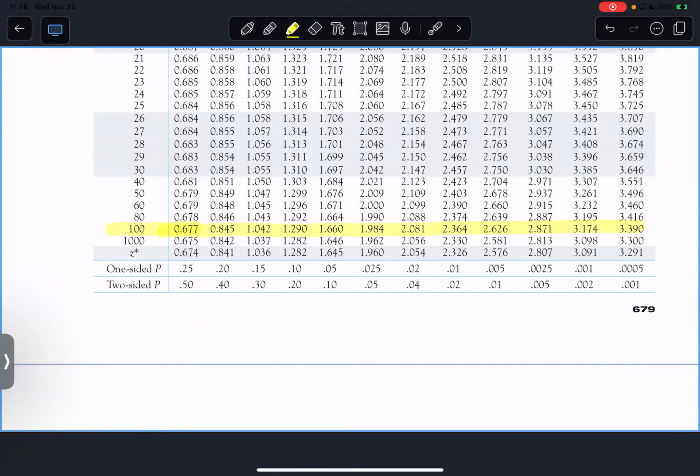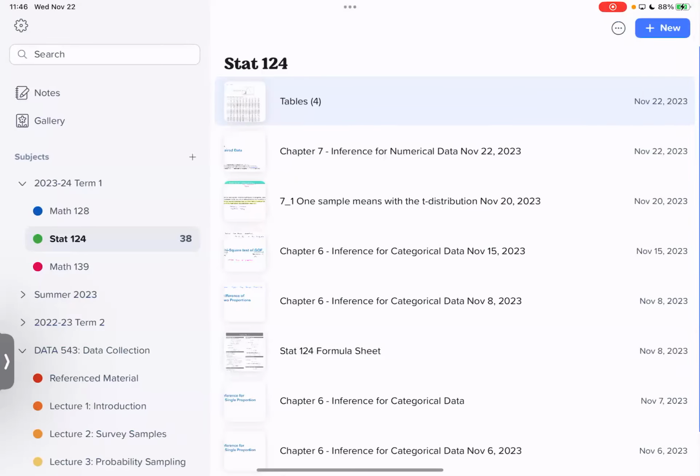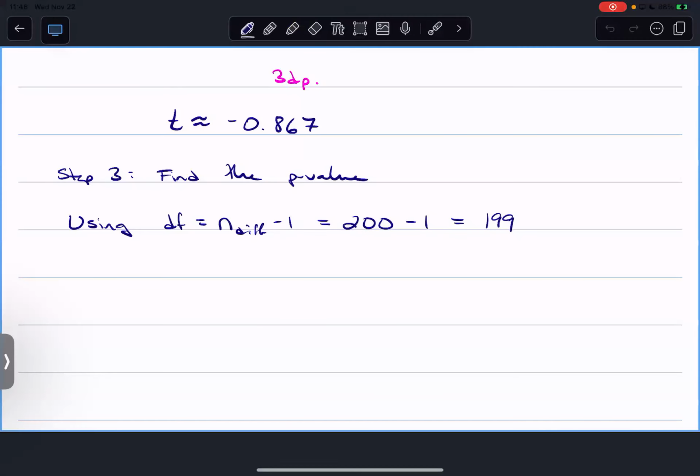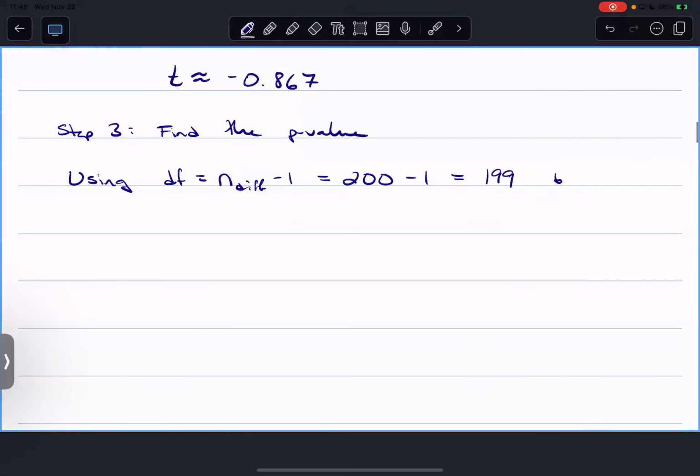Our other option would be 1000, but that's saying that you have a sample of size 1001 when you actually only have 200, and that's claiming to have more reliable results than you actually do. So that's bad. That's how I remember to bump it down. You're safer to say, oh, I only had 100. Psych, I had more. So here I'm going to say, using degrees of freedom equal to 100 in the table.